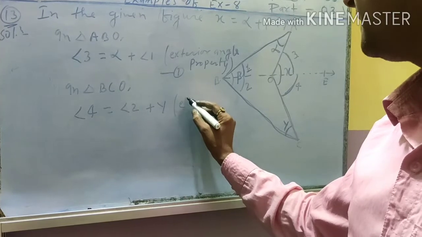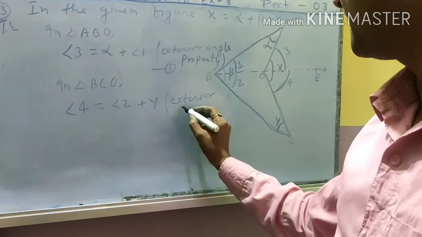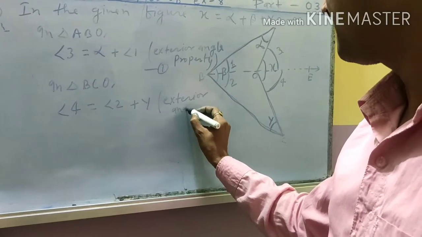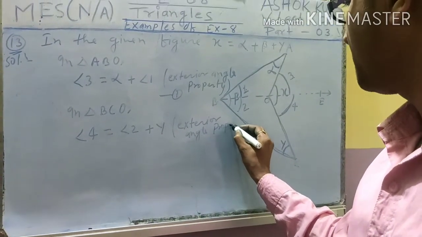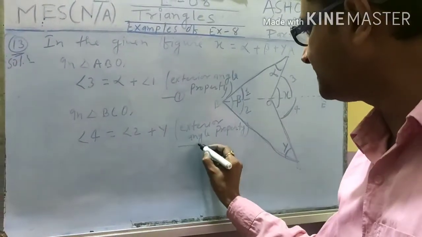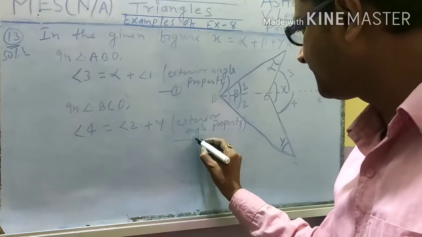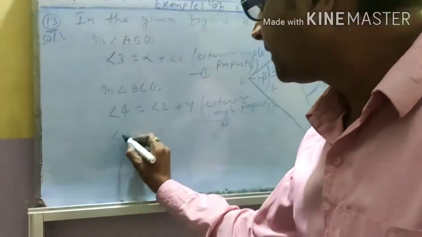This is again the exterior angle property. This is equation second.